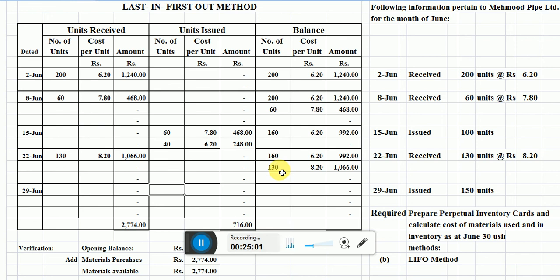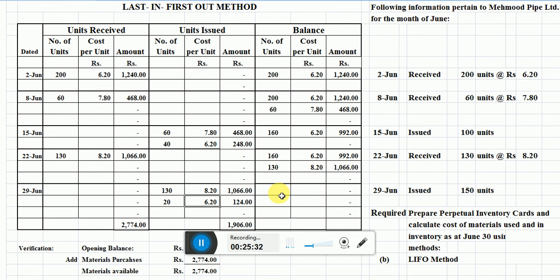Now we will take the first 130 units here, and the rate is 8.20. The remaining balance is 20 units, which is taken from the previous lot, which exists in the form of 160 units. 20 units here, the rate is 6.20.